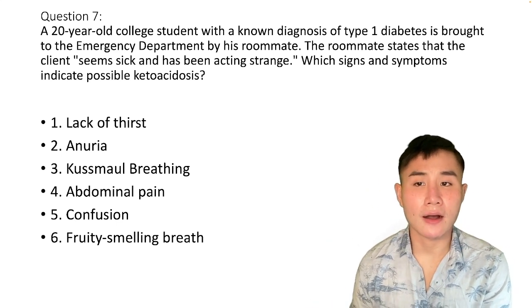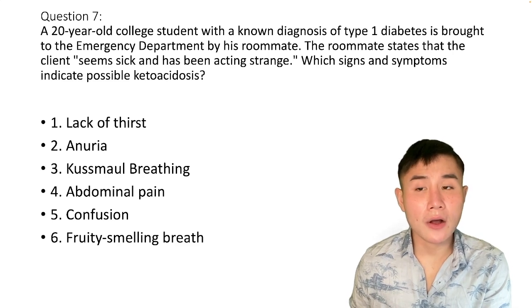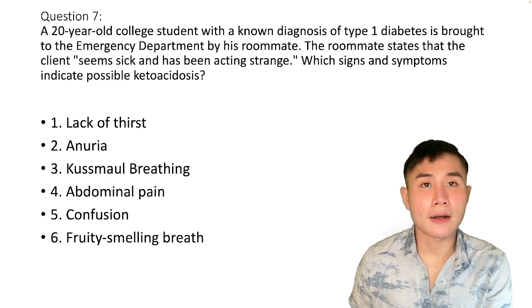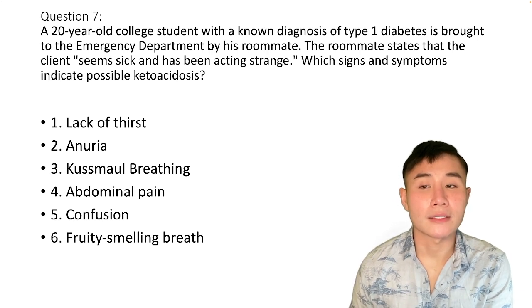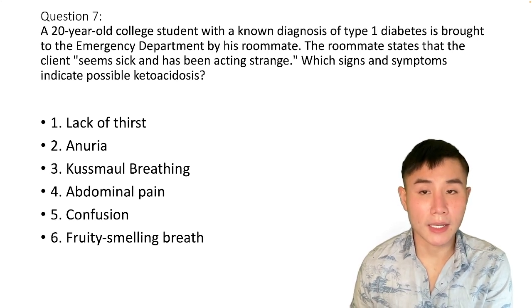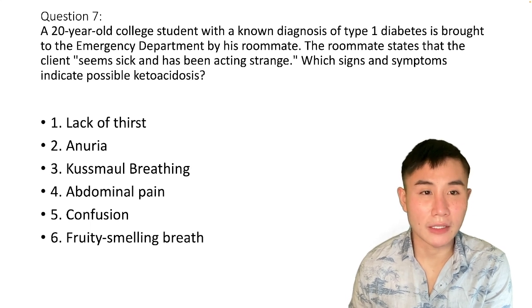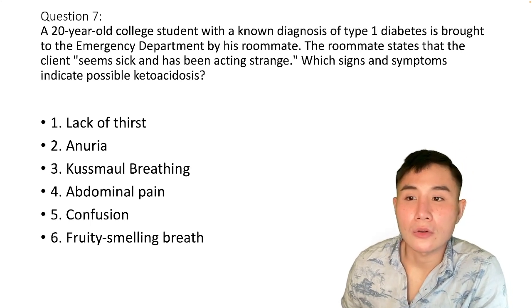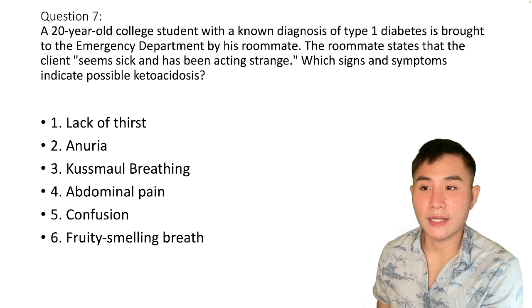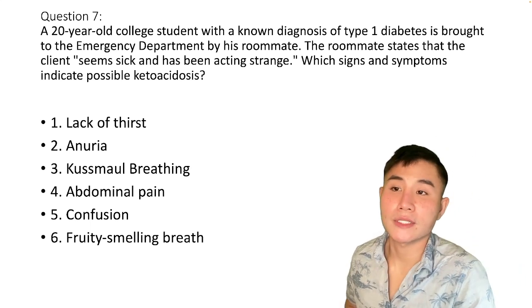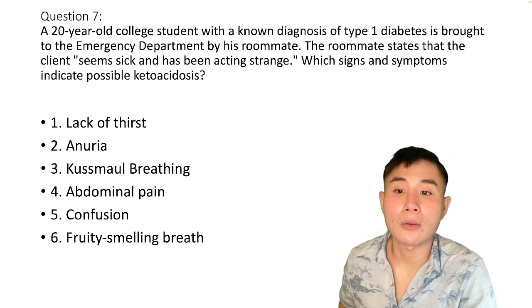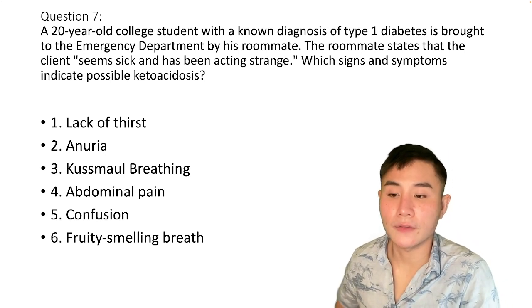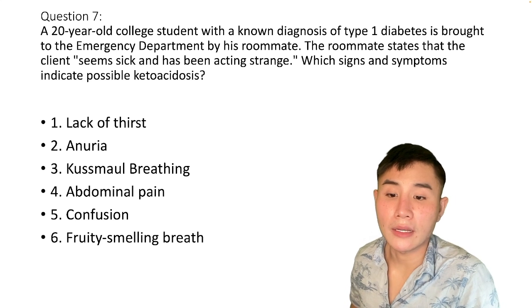Ketoacidosis is a state of acidosis usually seen in patients with diabetic ketoacidosis, DKA, who have type 1 diabetes, right? Let's read the answer choices first: lack of thirst, anuria, Kussmaul breathing, abdominal pain, confusion, fruity smelling breath.